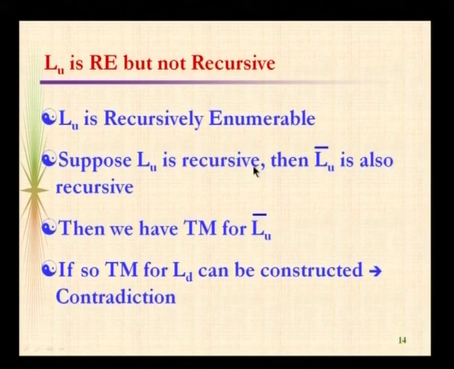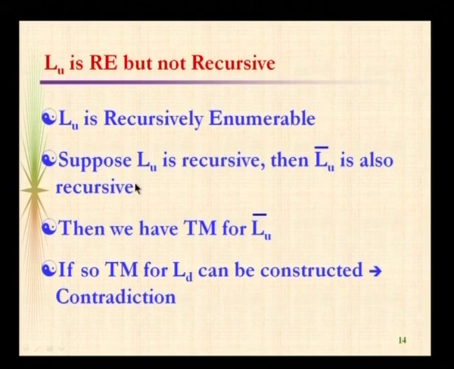If LU is recursive, by the proof that every recursive language's complement is also recursive, we will find that LU's complement is also a recursive language. If LU is recursive, then LU's complement is also recursive. So it means that we will be having a Turing machine for LU's complement.